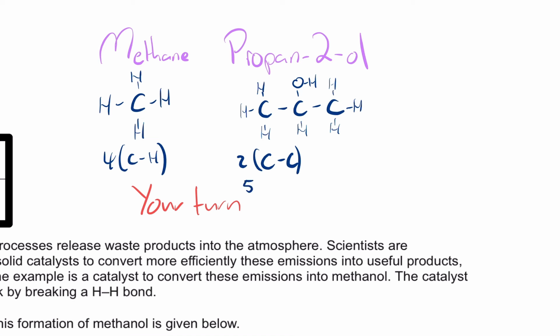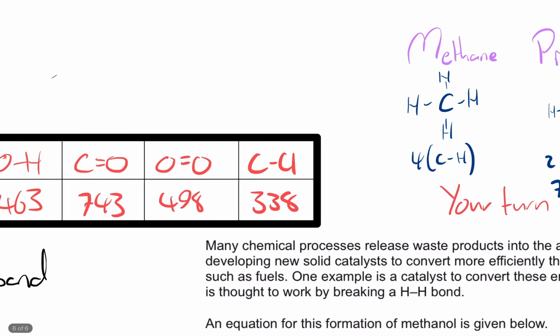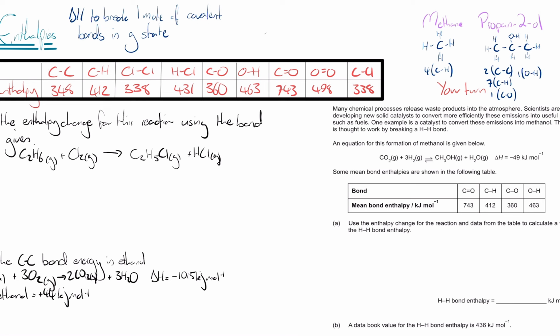We've got 7 lots of carbon-hydrogen bonds. 1, 2, 3, 4, 5, 6, 7, not 5, 7. Thank goodness I checked. 1 lot of carbon-oxygen, and 1 lot of oxygen to hydrogen. So again, for all of the bond enthalpies, we'd look up the values and multiply, so we'd do 2 lots of 348, 7 lots of 412, etc.